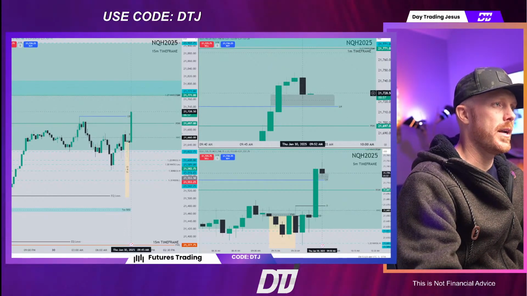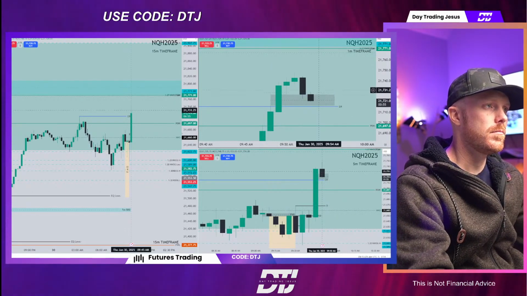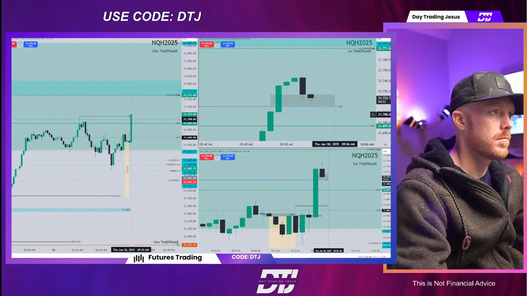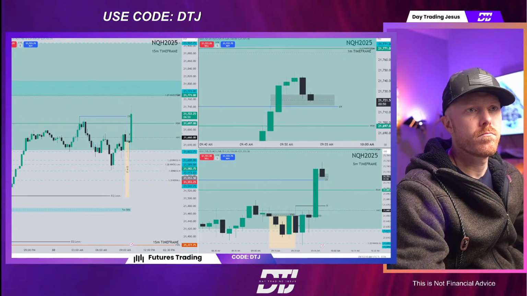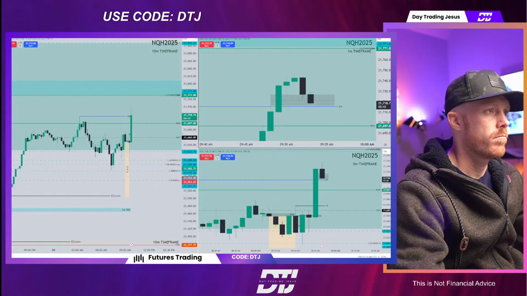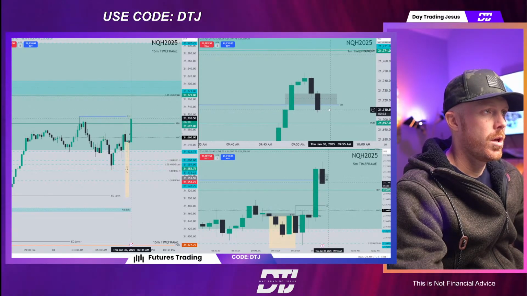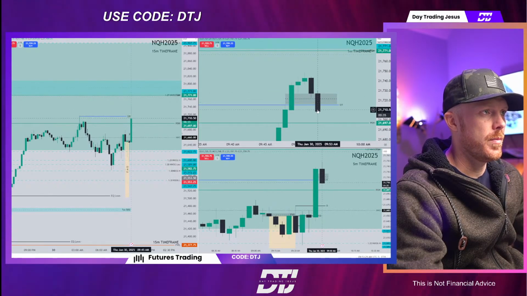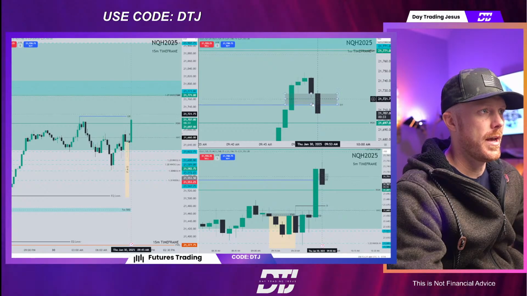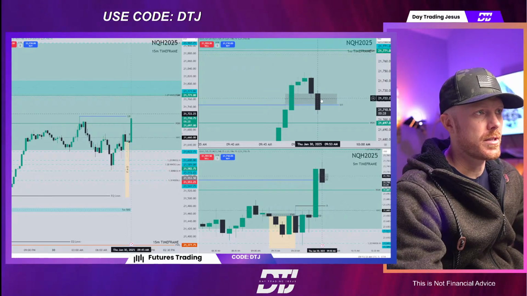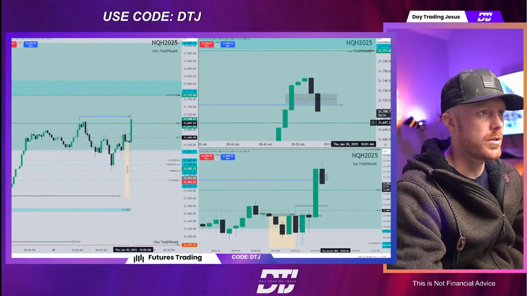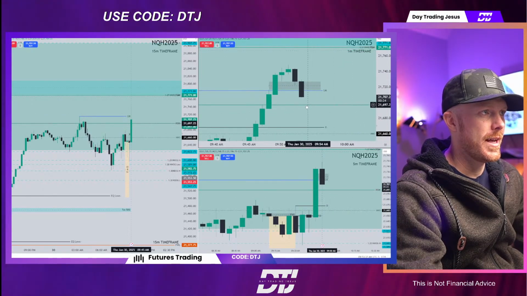Okay, nice close body right at the high. Gonna wait until the close of this candle because obviously we've pushed through that fair value gap. I want to see it close inside it if I'm going to consider this as a potential location. We do have previous day high sitting right here.